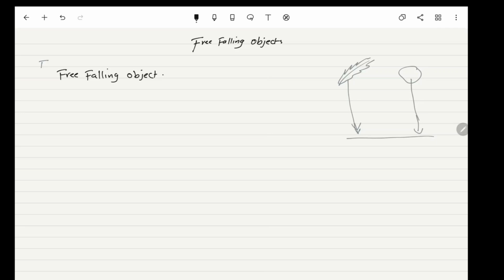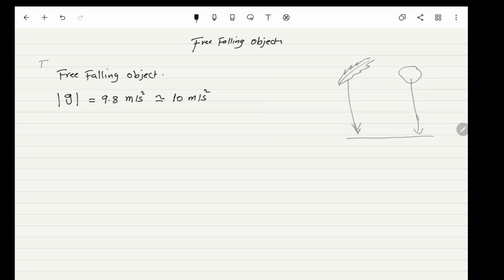Remember, it's free, no constraints on that object whatsoever. Since the acceleration is constant, this acceleration is gravity acceleration. It's equal to g, with a magnitude of 9.8 meters per second square, and sometimes we just approximate this into 10 meters per second square.